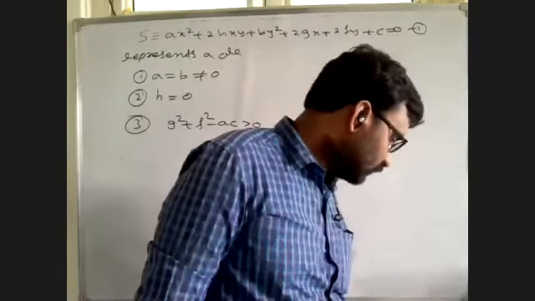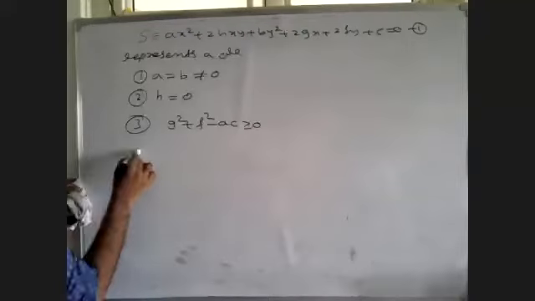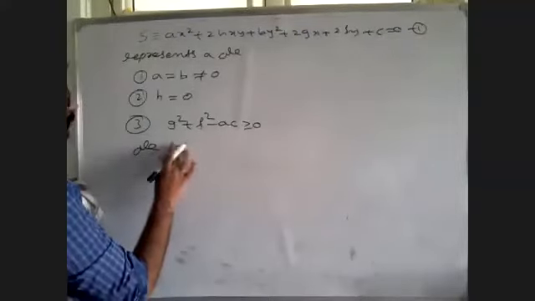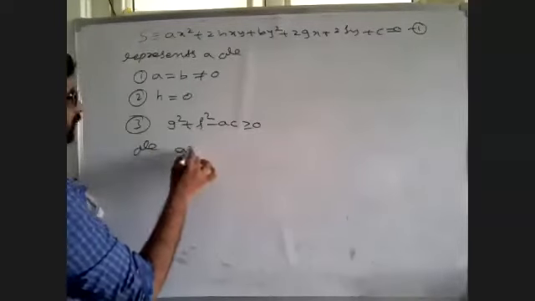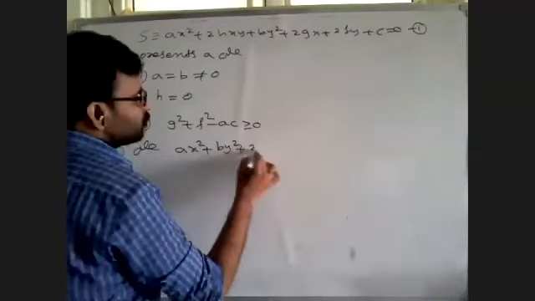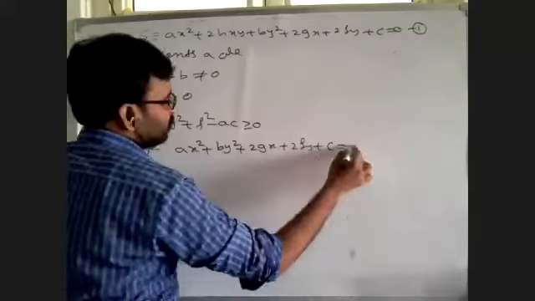So suppose if these three conditions exist, then the circle equation will be formed like ax square plus by square plus 2gx plus 2fy plus c is equal to 0.